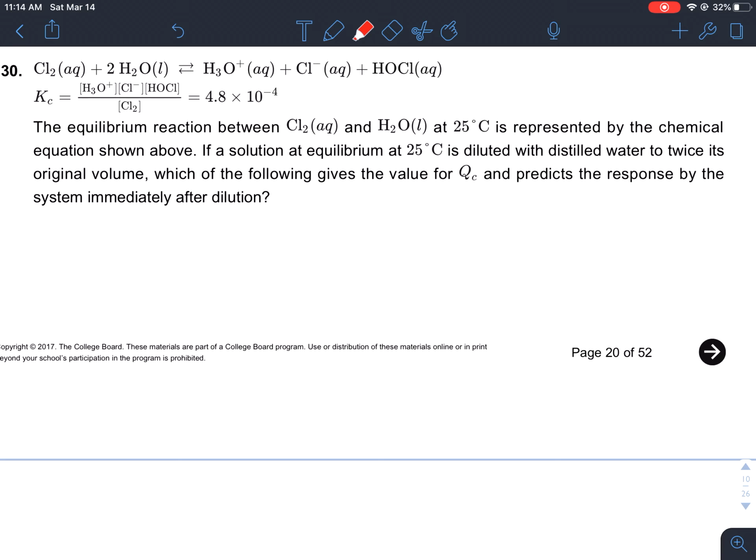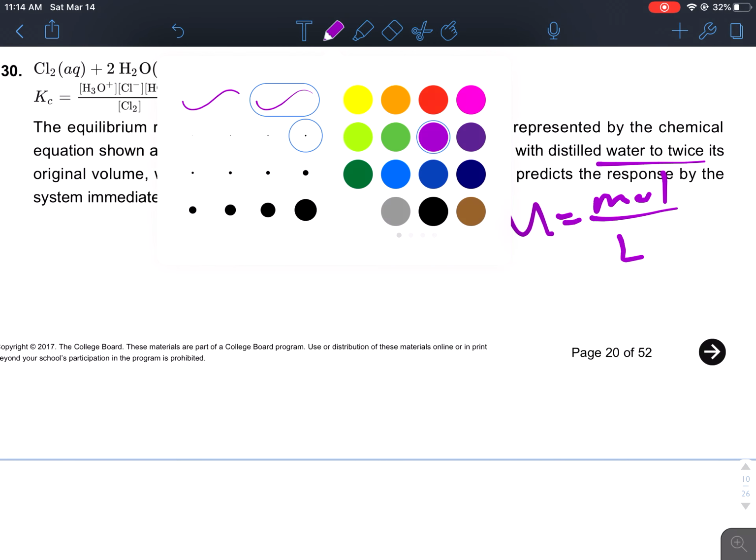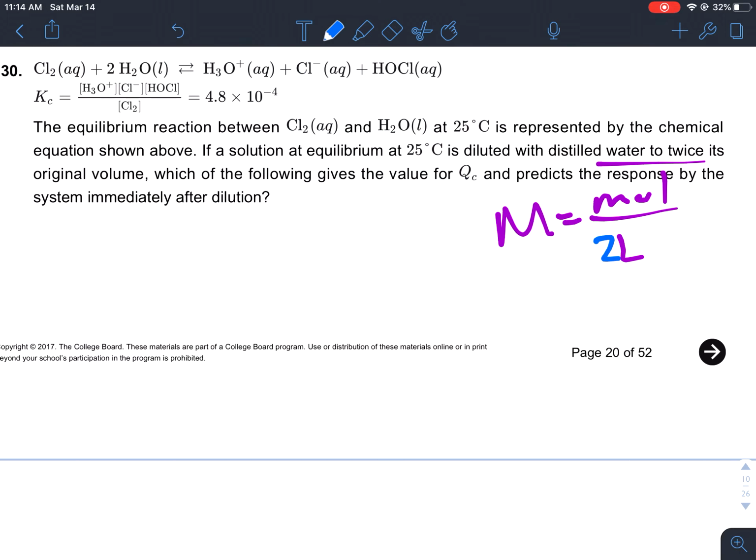The water is doubled. When water is doubled, remember molarity is concentration, moles over liters. Well, when you double this, you have your molarity.